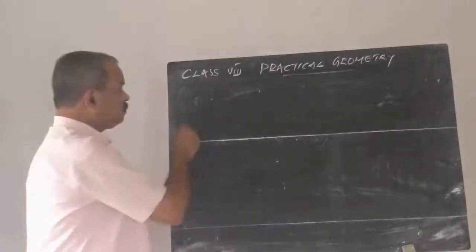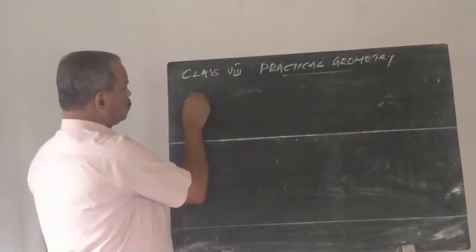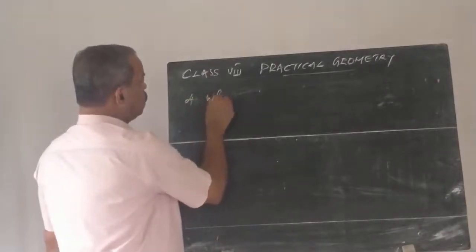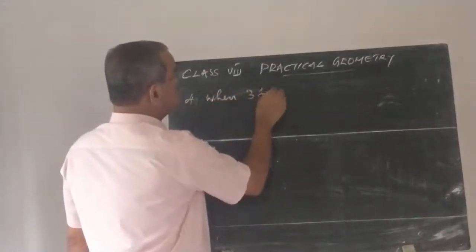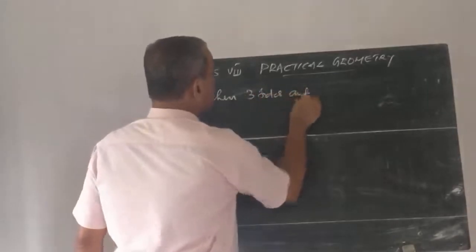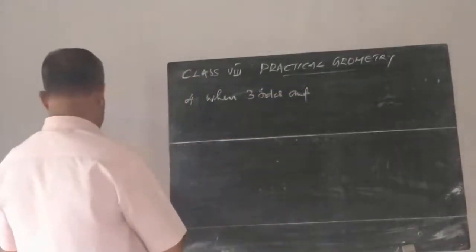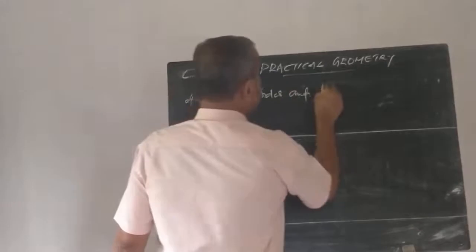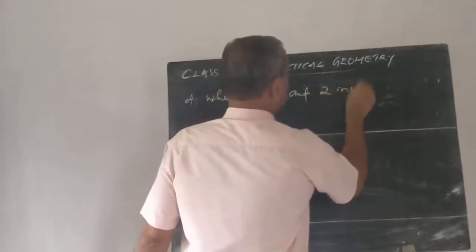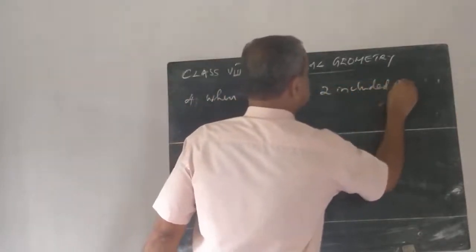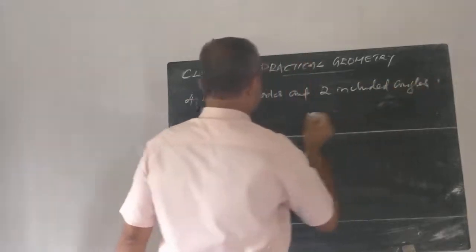Construction of quadrilateral. Fourth case, when three sides and two included angles are given.